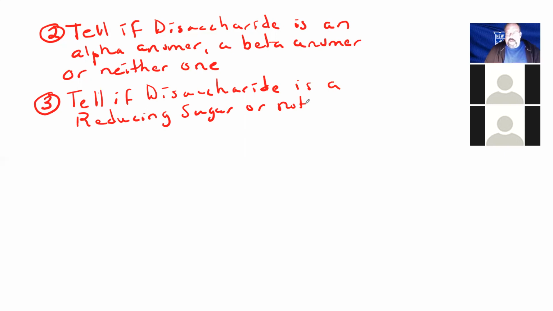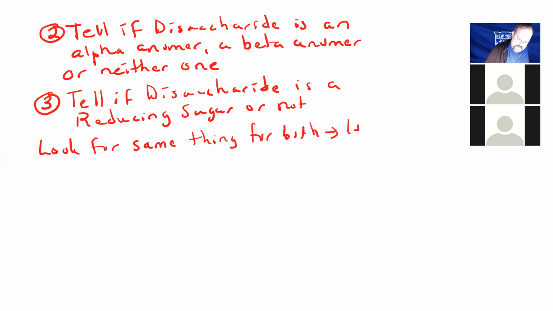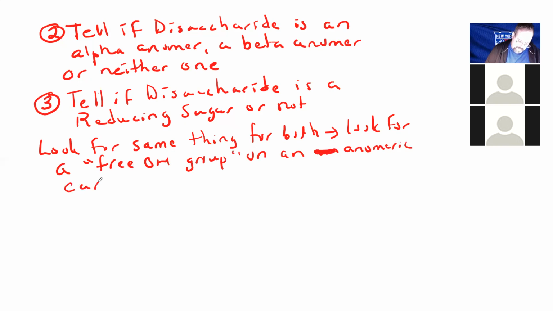And these 2 things are intertwined because to answer them, we look for the same thing for both. And it's the following. We look for a free OH group on an anomeric carbon.